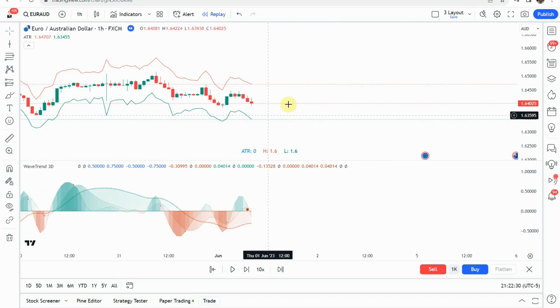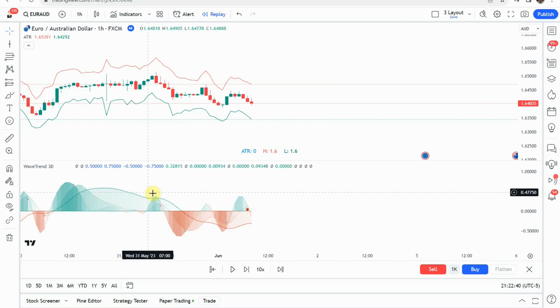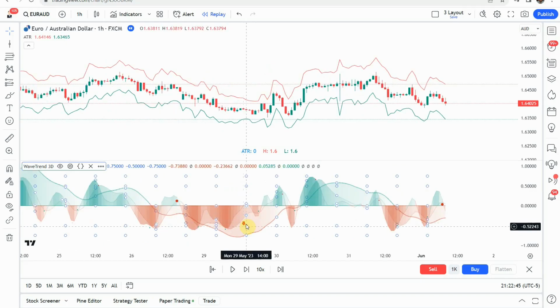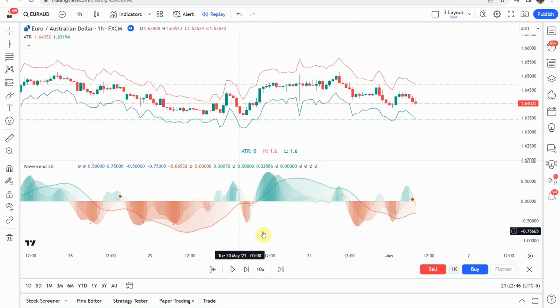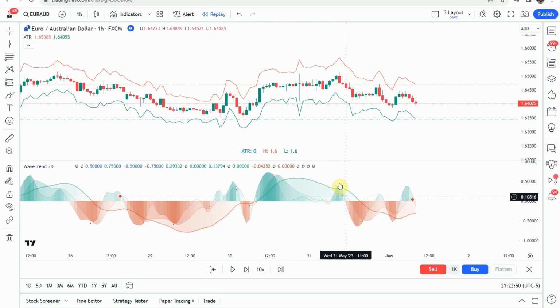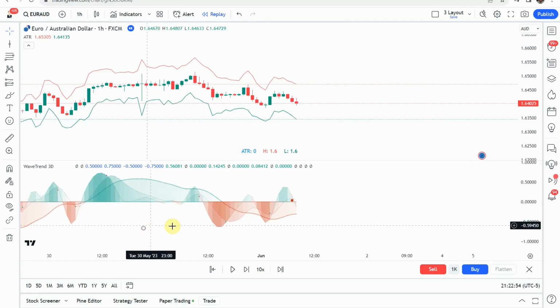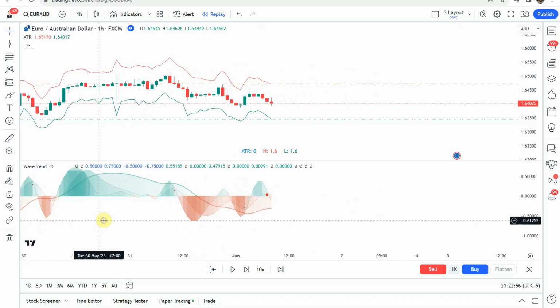And so the ATR stop loss finder is going to be how we determine where our stop is going to go. Now the indicator itself here on the bottom, the WaveTrend indicator, what we are looking for first and foremost is this main line running through the indicator right here. So if I scroll back here a little bit more, you can see this main line oscillating through there, and that is going to determine our overall trend direction.